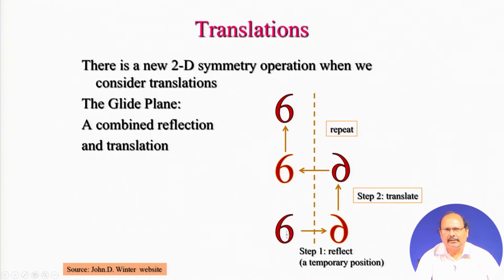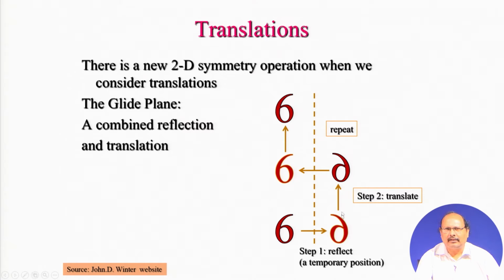So, let us consider that you have a motif called 6, and if there is a mirror plane along this orientation, after reflection it generates an image, and if it is translated along a distance which is half of the total distance between this 6 and this 6 here, and I will show you shortly, then it generates a new point here, by reflection plus translation of half the distance.